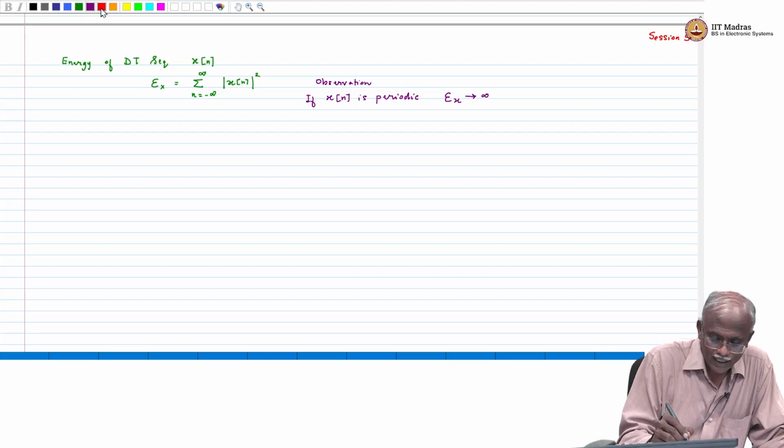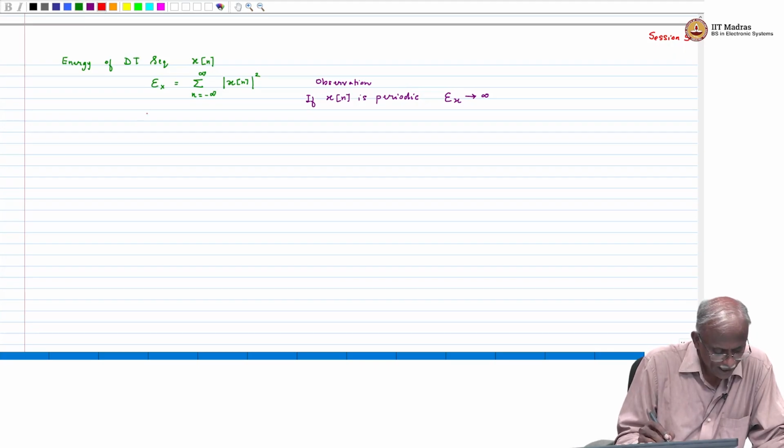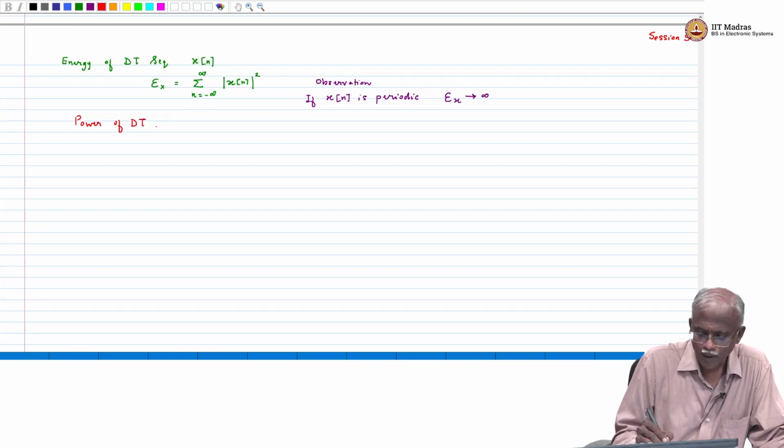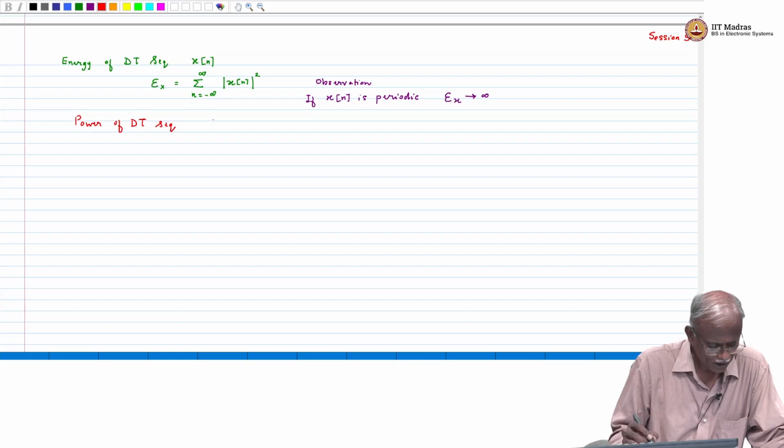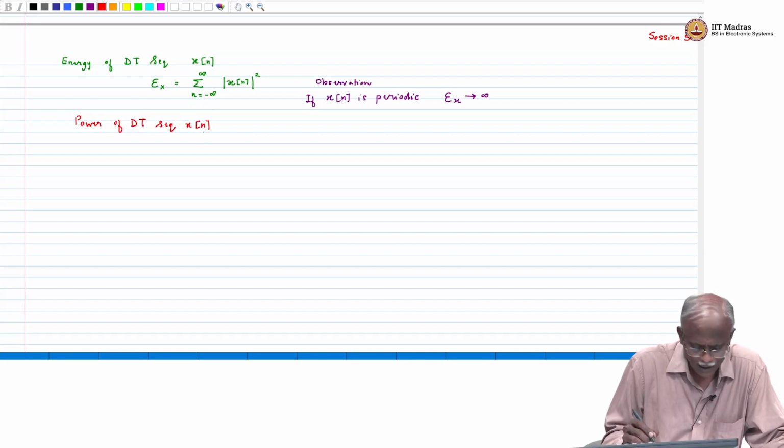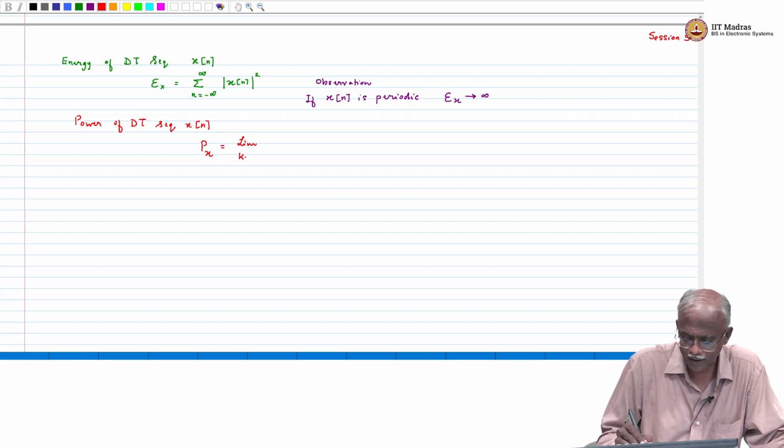So, in that case what we define is the power of a discrete time sequence x of n. We define it as P subscript x, the limit as k tends to infinity.